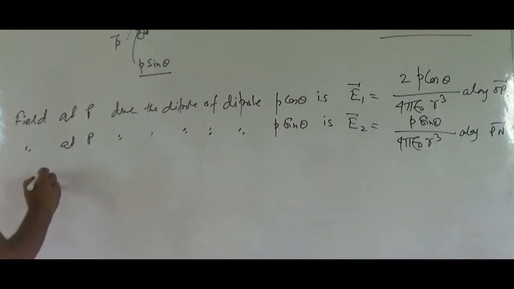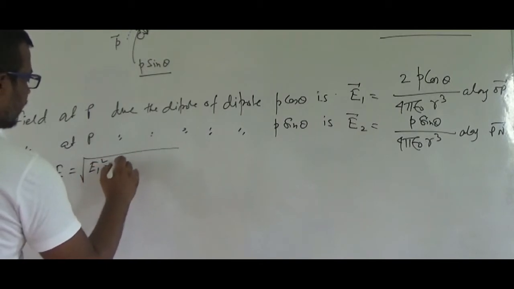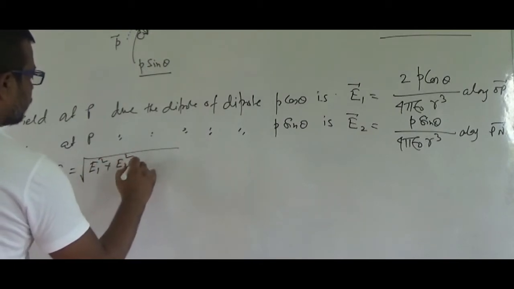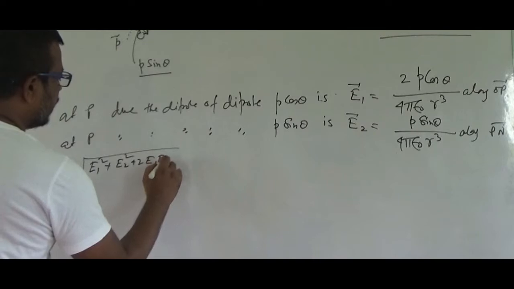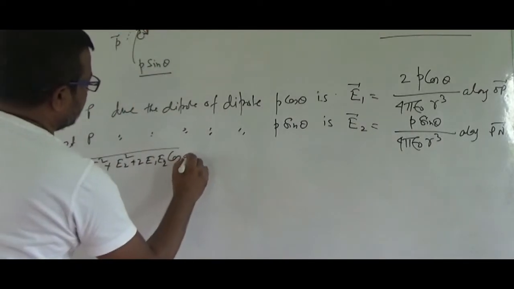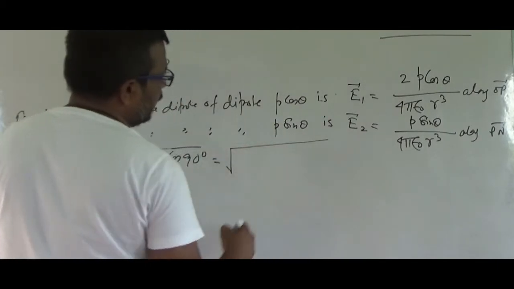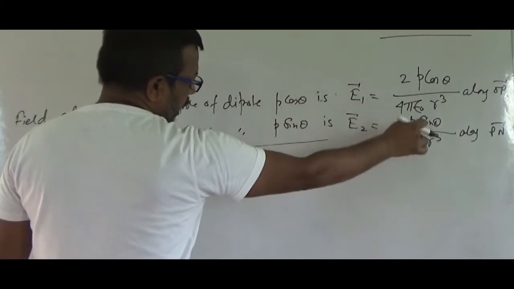Therefore, the magnitude of the resultant electric field E will be equal to root over E1 square plus E2 square plus 2E1E2 cos of this angle, which is 90 degrees, and cos 90 is 0. Therefore, root over E1 square plus E2 square.